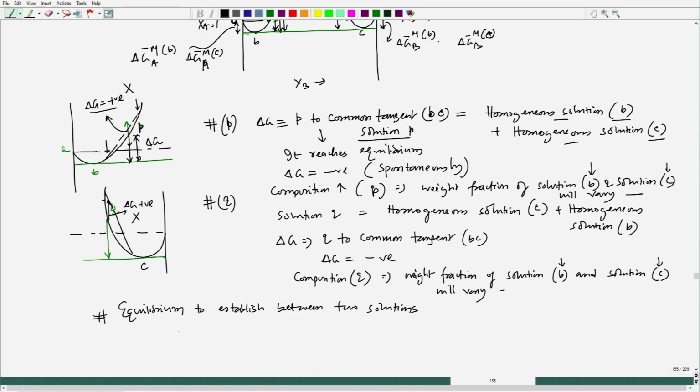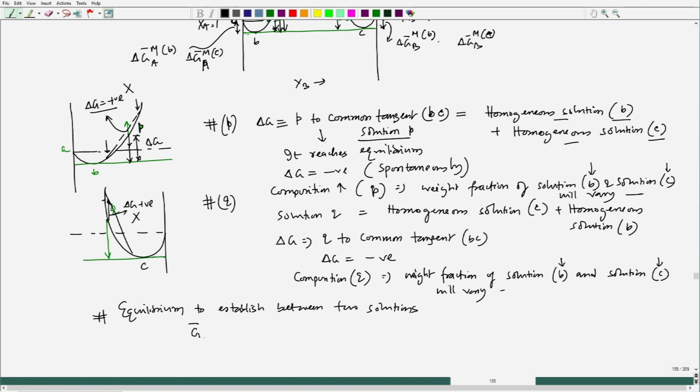So, the equilibrium condition is that we have to take it in terms of the molar partial Gibbs free energy of A in solution of composition B and the molar partial Gibbs free energy of the same component in the other phase.